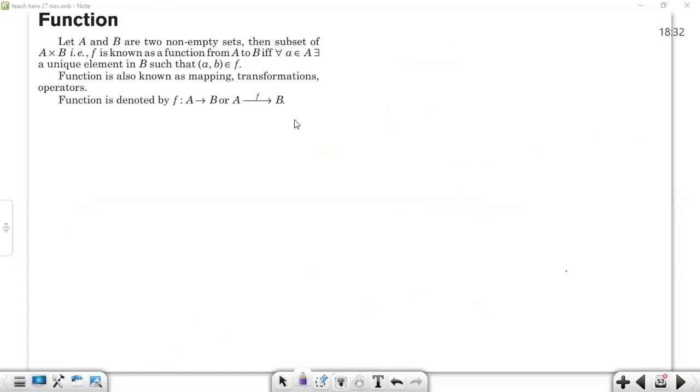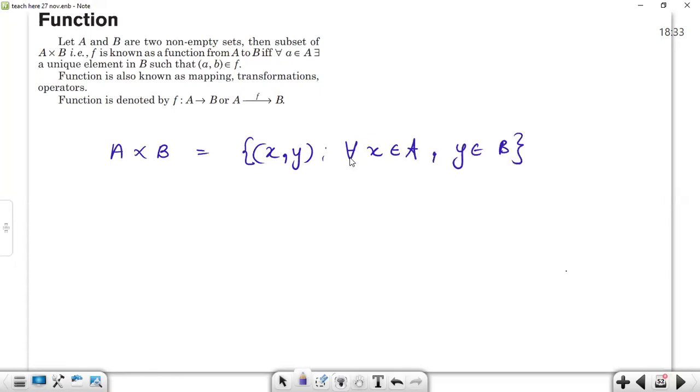Good. So let's discuss functions. Functions are basically relations only. What was a relation? First of all, we were discussing two sets, A and B. We took their Cartesian product, which was the set of (x, y) such that x belongs to set A and y belongs to set B. Any element of A and any element of B was in the Cartesian product.